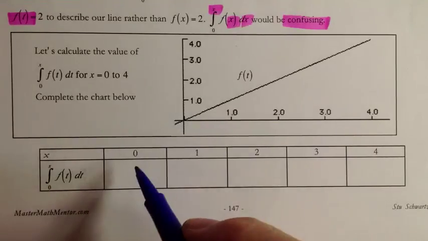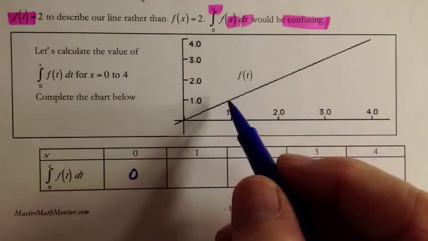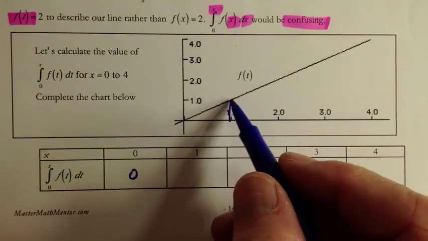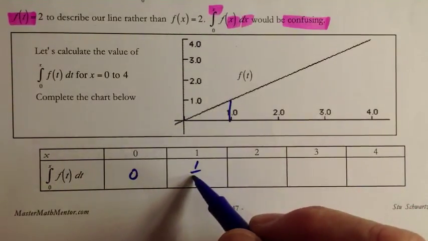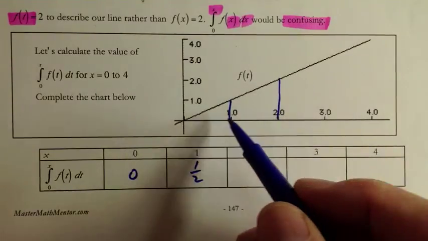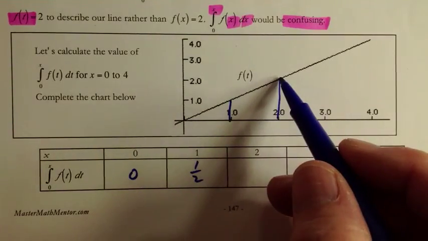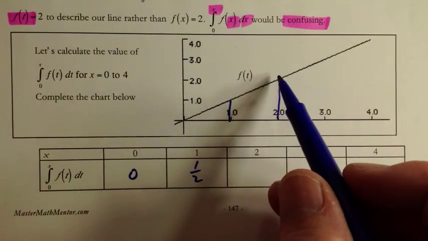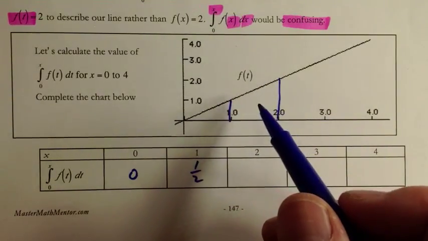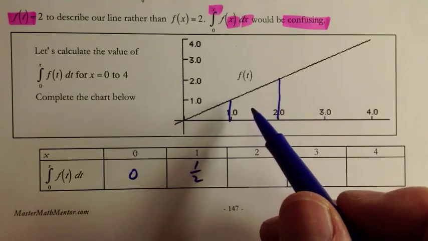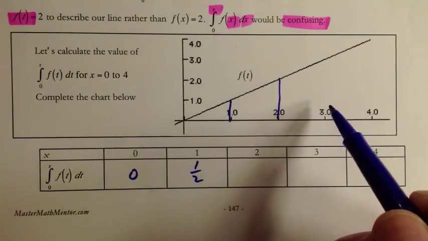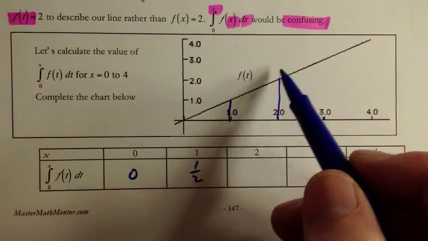You should have a 0 here, and then from 0 to 1, the area of this is 1 times 1, which is 1. Cut that in half, so we get 1/2. Then 2 times 2, what is this? It doesn't say what the function is, but I'm going to assume here that this is y equals x.